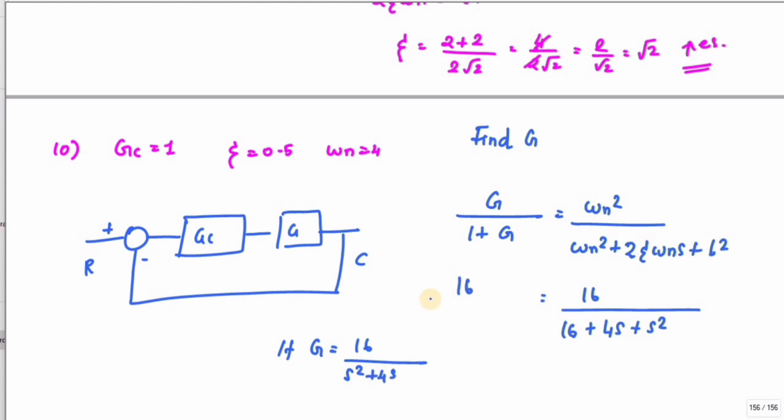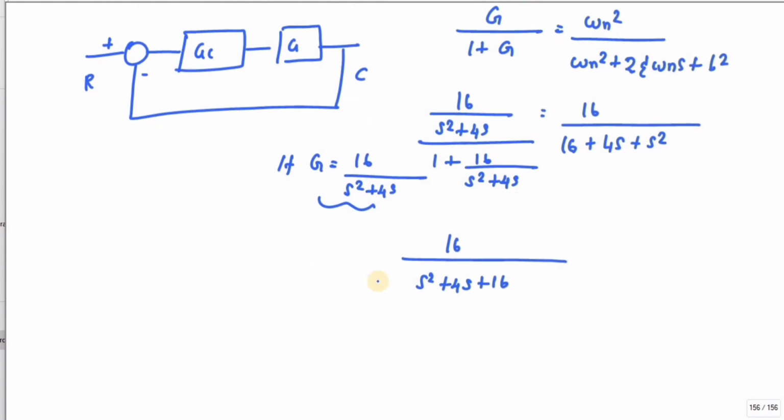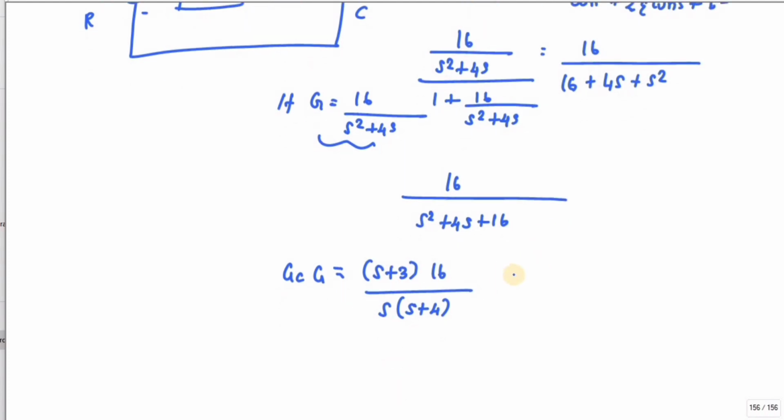So if g is equal to 16 divided by s square plus 4 s from the option, I can write like this, and if I solve this left hand side equation, I'm getting the same values. So G is nothing but 16 divided by s square plus 4s. So GC into G is equal to (s plus 3) into 16 divided by s into (s plus 4), that is equal to 16 into (s plus 3) divided by s into (s plus 4).